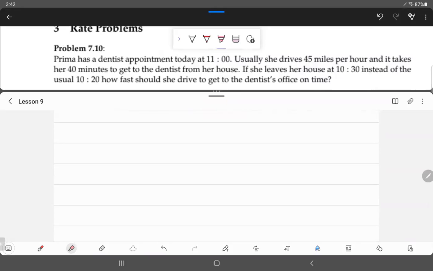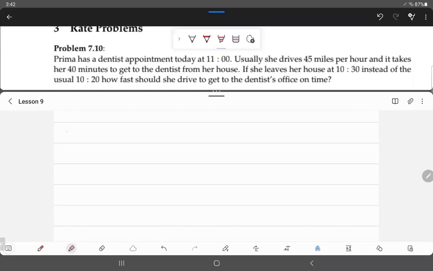Okay, rate problems. Prima has a dentist appointment today at 11 o'clock. Usually she drives 45 miles per hour and it takes her 30 minutes to get to the dentist from her house.